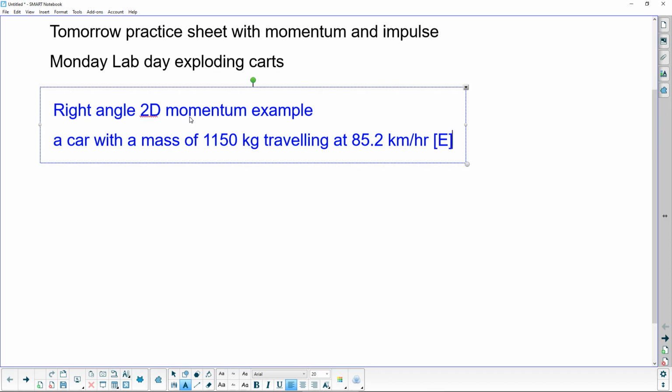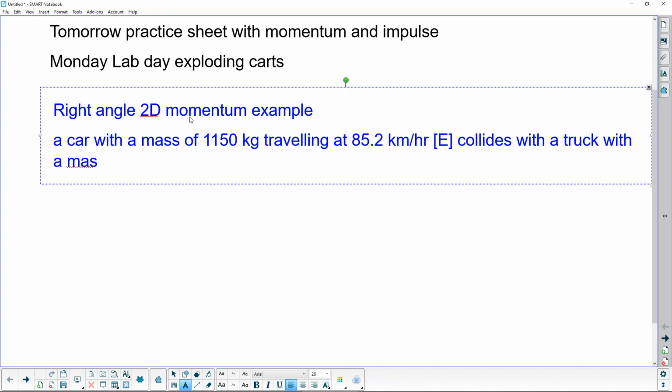And it collides with, we'll call it a truck so that we have a different thing, with a mass of, let's say, 1,540 kilograms, traveling at, let's say, 71.5 kilometers per hour.